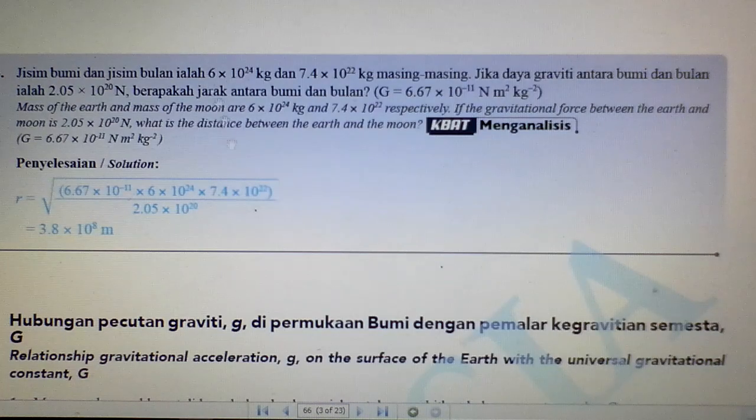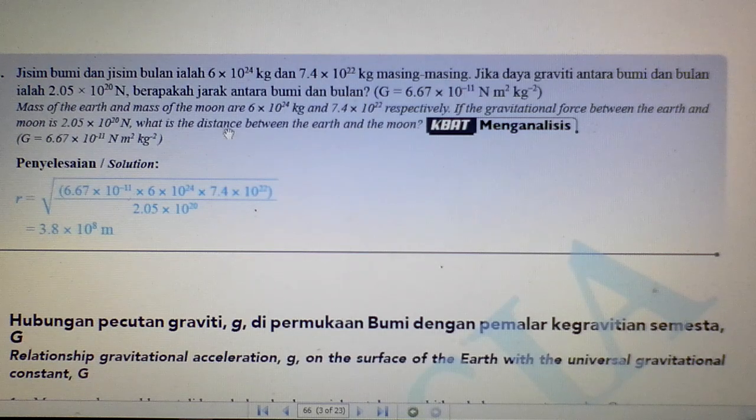Okay, number 3. Now we look at what is given for number 3: the mass of Earth and the mass of the Moon. This one involves large objects. If the gravitational force between the Earth and the Moon is given, what is the distance between the Earth and the Moon? You solve the problem using the same formula, F equals G m1 m2 divided by r squared.